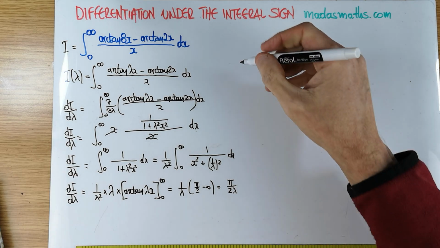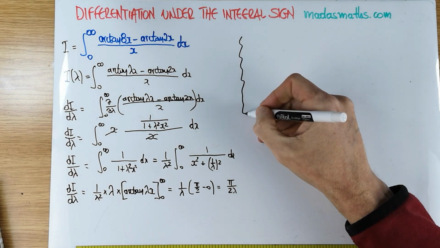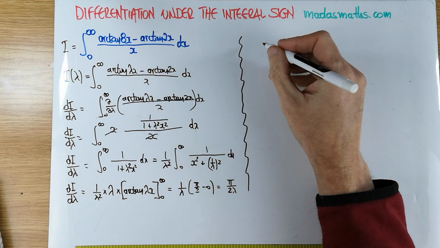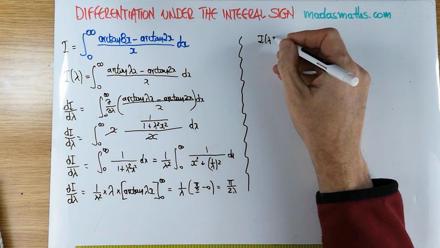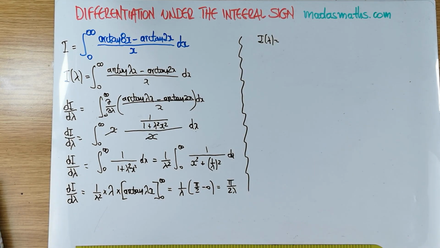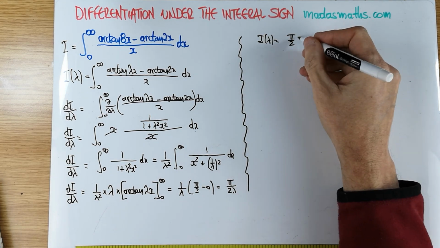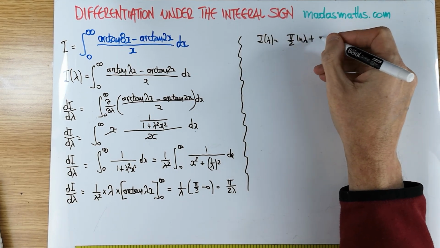So what we're going to do next is integrate both sides of this equation. If dI by d lambda is pi over 2 lambda, then I of lambda, this is just the log, is going to be pi over 2 times the log of lambda plus a constant.